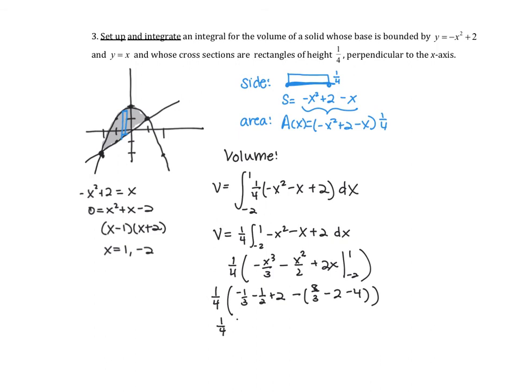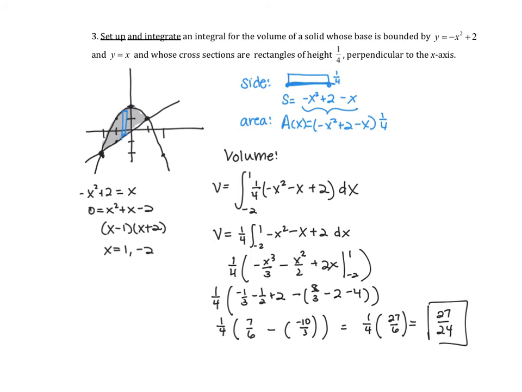Okay, so combining my fractions, I get 1/4 of, negative 1/3, so negative 2/6 minus 3/6 would be negative 5/6 plus 2 is going to give me positive 7/6. 8/3 minus 6. 8 minus 18 would be negative 10 over 3. And so we get 1/4 of 27/6, or 27 over 24.